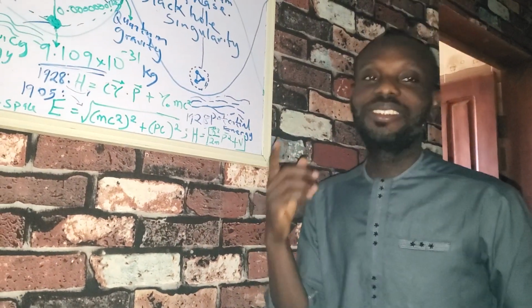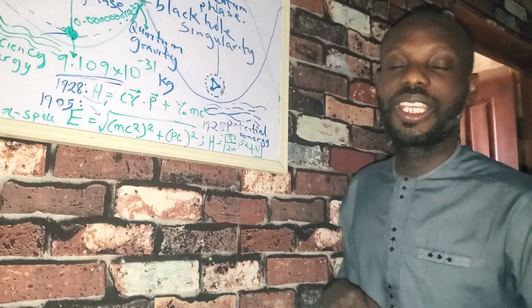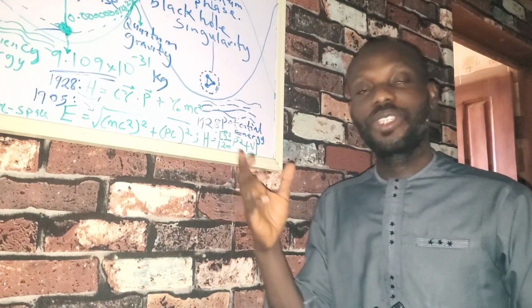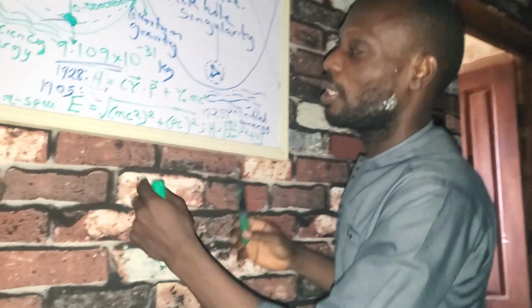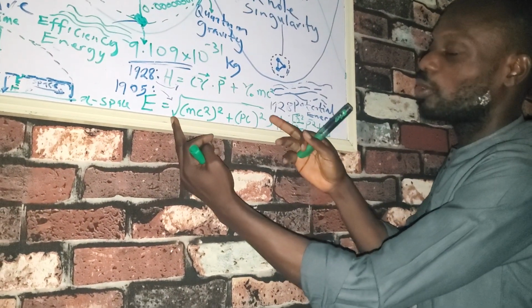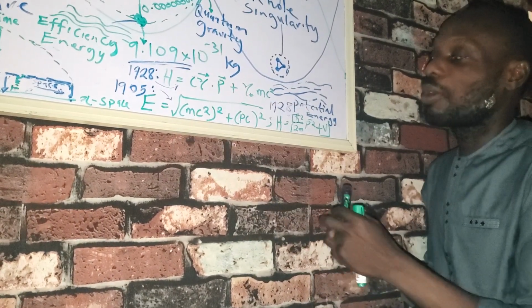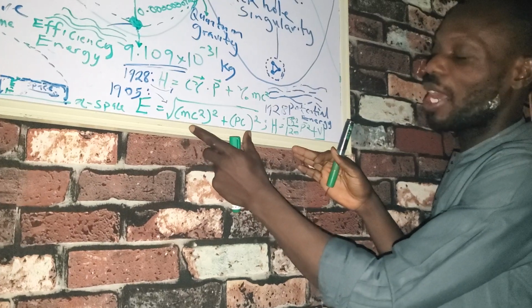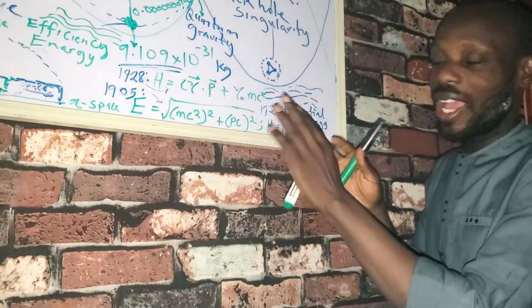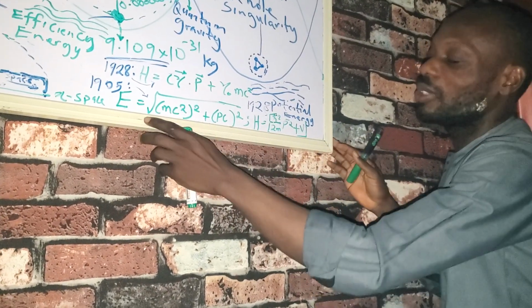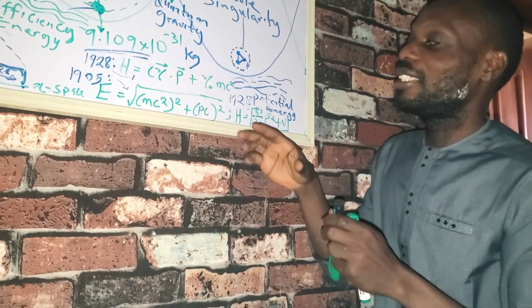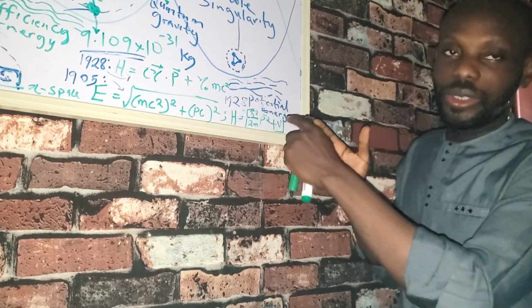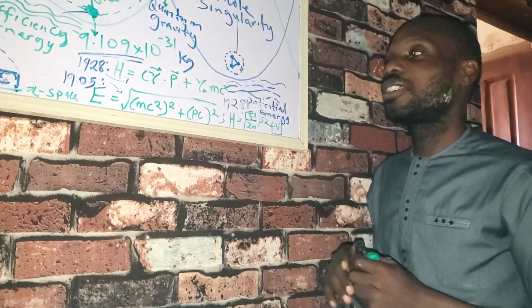Now, what Oskar did in his own relativistic wave equation is that you will have to get rid of this square root. Probably you will extend this by Taylor series or any other series. So now, instead of taking the square root, he took the square of both sides of the equation.